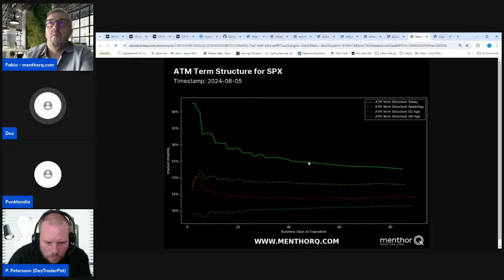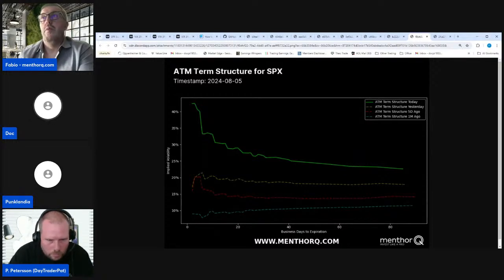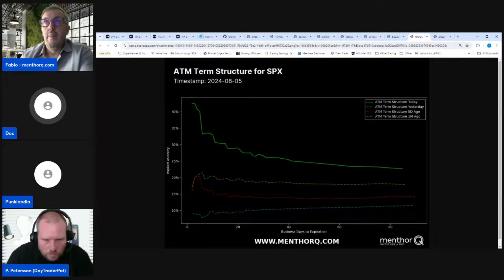But we're still not in a normal shape. Down here, this light blue line is a more normal distribution, more normal contango, where further out options are more expensive in volatility than short-term volatility, which makes sense. Over the next month, I would expect more of a move than over the next day.